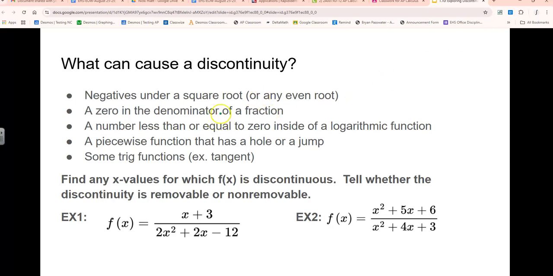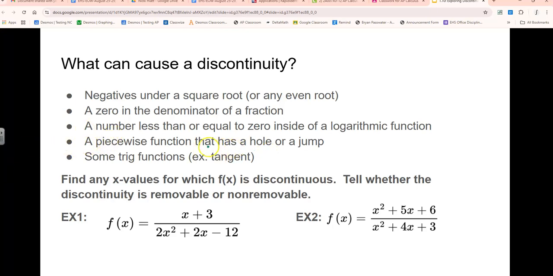Those we looked at quite a bit in pre-cal, and we're going to see more today. A number less than or equal to 0 inside of a logarithmic function. So we can't put 0 or negatives into log functions. Those cause discontinuities. Logs have a natural vertical asymptote, right? So any log function you're looking at is going to have a vertical asymptote.